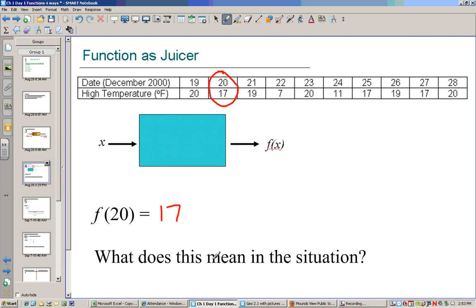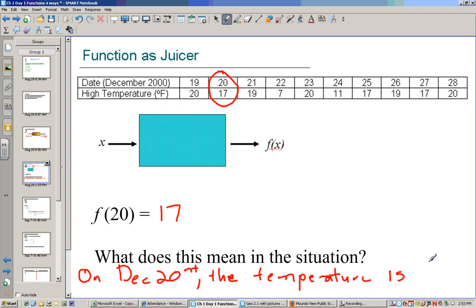So what does that mean in the situation? Well, on December 20th, the temperature, my computer's running slow here, is 17 degrees.